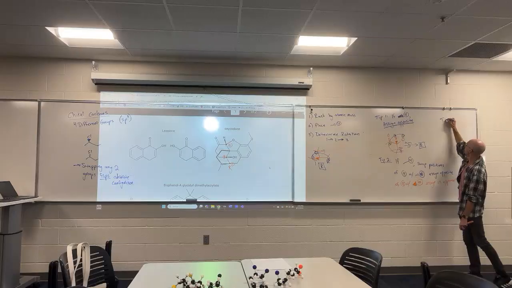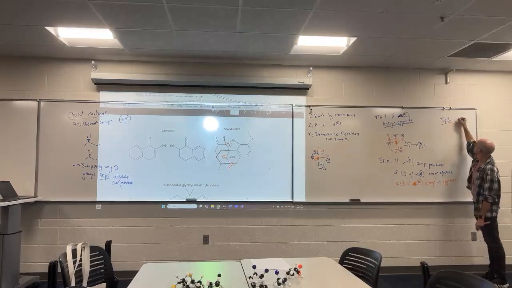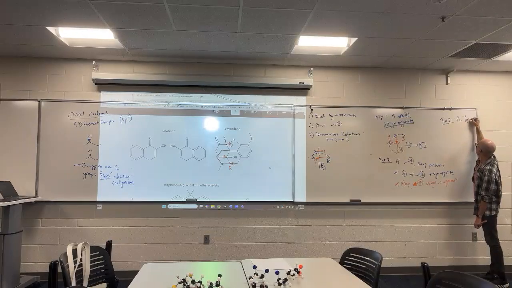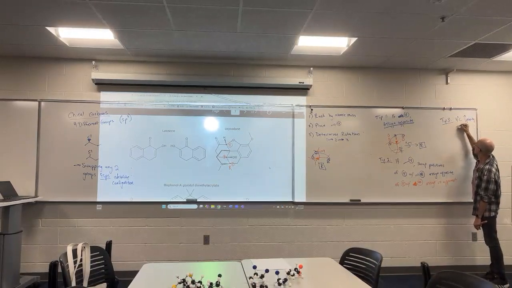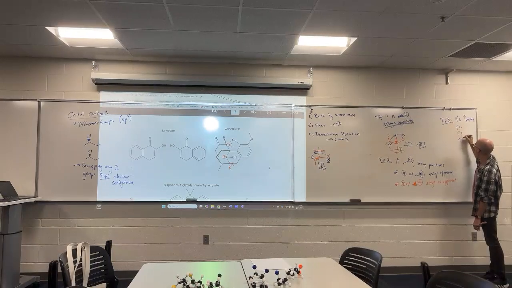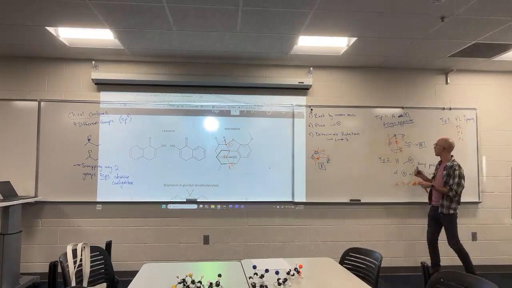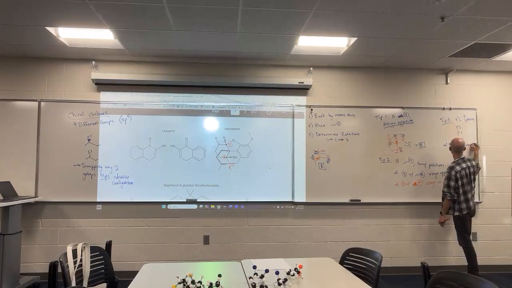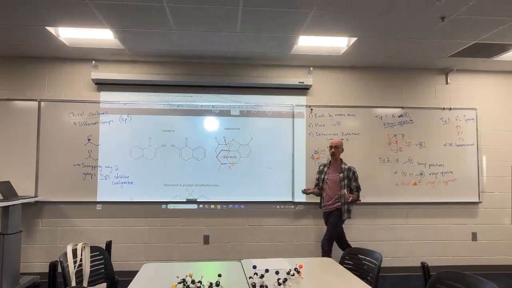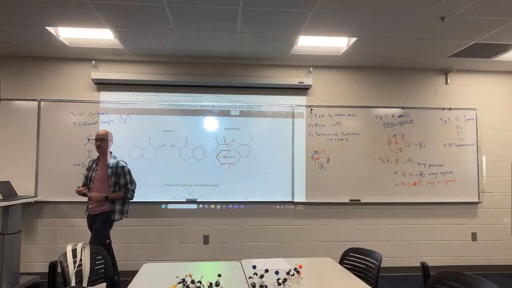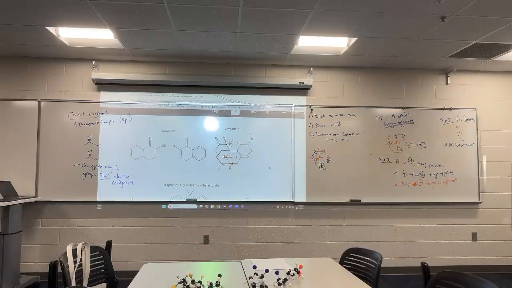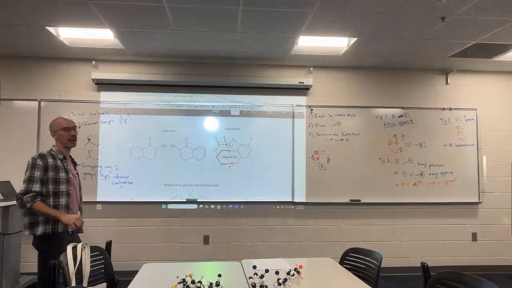But here's my last tip for these. Quaternary carbon is the highest priority over tertiary carbon, over secondary carbon, over primary carbon. That only works if you don't have heteroatoms. As long as you're looking at just alkane things, all you have are hydrocarbons, a higher substituted carbon will always have higher priority.